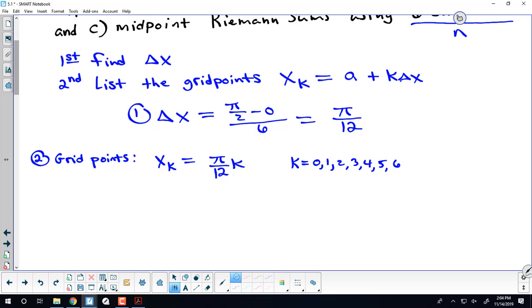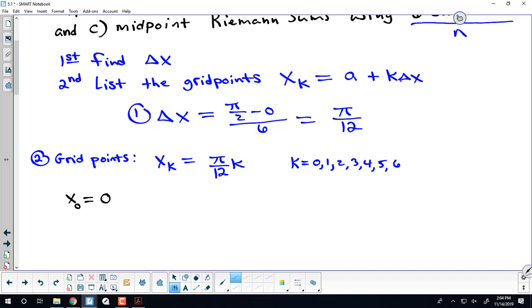So let's figure out what all of our grid points are. The first grid point is x sub 0, so that's 0 times pi over 12. Remember, x sub 0 is always the starting point of your interval, and x sub n, here x sub 6, will be the ending point. So x sub 6 should be equal to pi over 2, because that's where we're stopping.